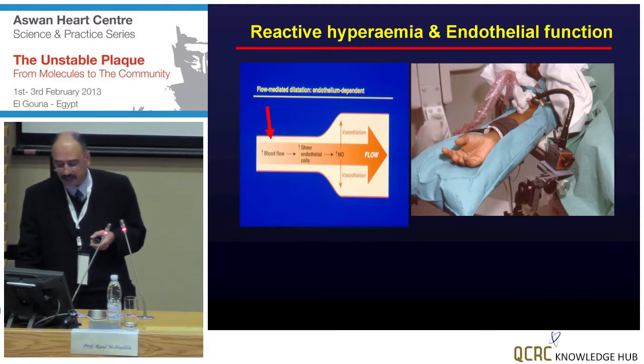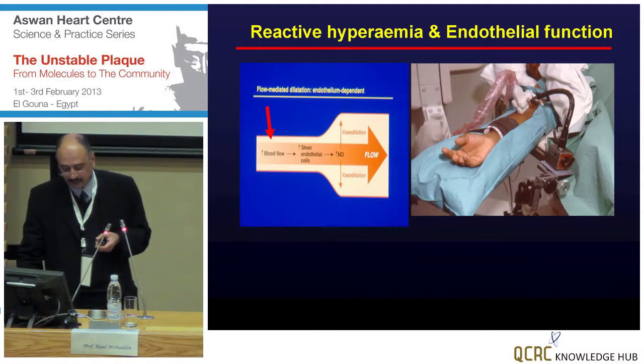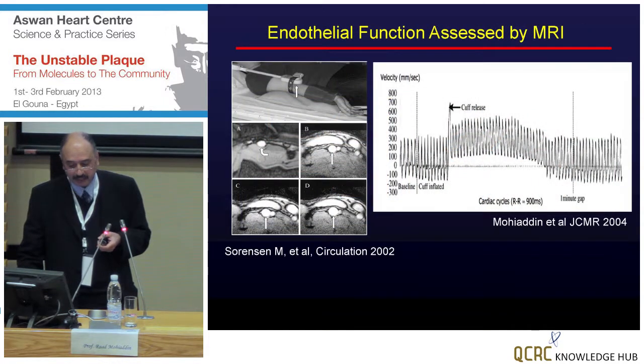It's commonly done by ultrasound, but it can be done with MRI, because you can put a surface coil very close to the brachial artery, and you can work out, not the diameter like ultrasound, but the cross-sectional area with MRI and look at the changes.